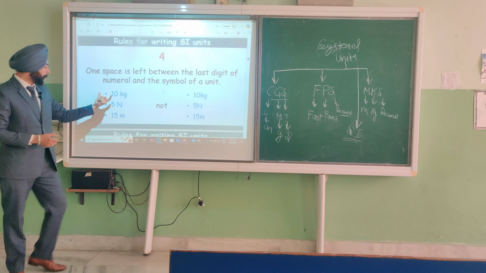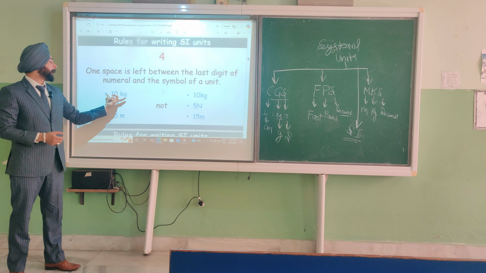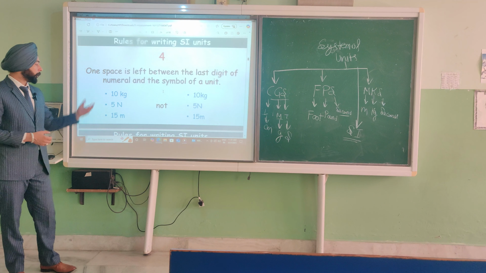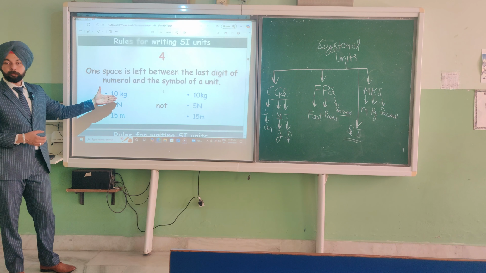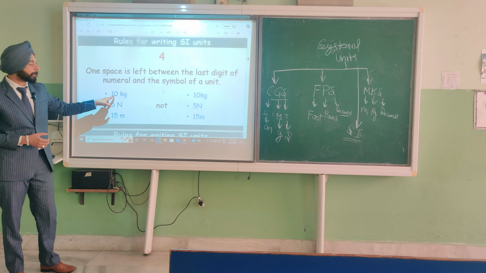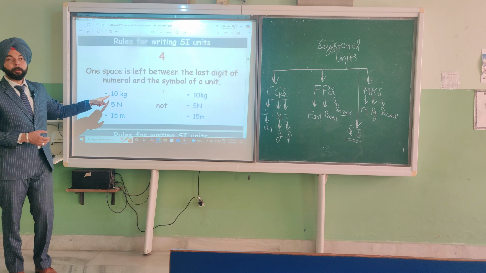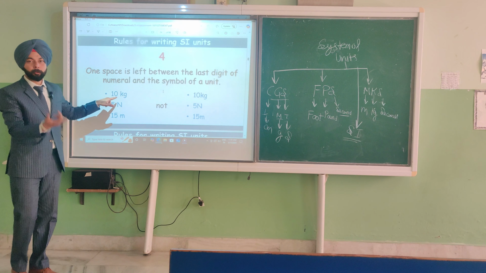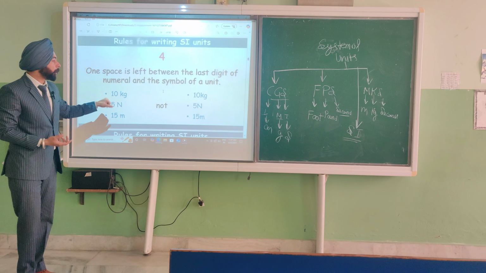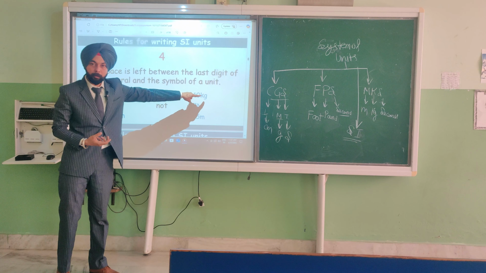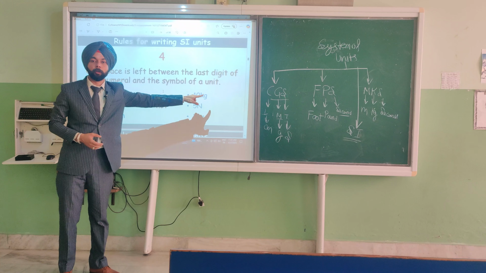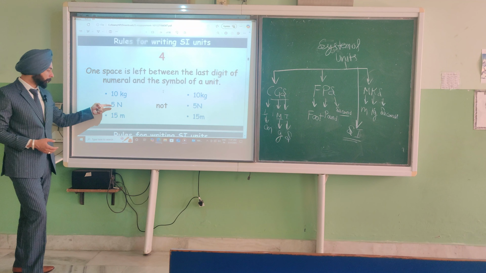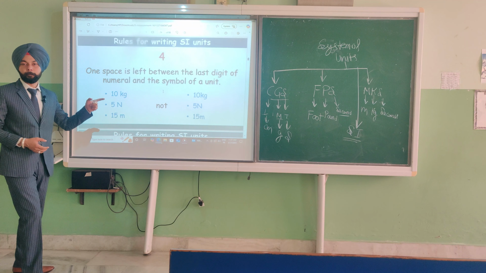When we write 10 kilogram, it is 10 space kg.